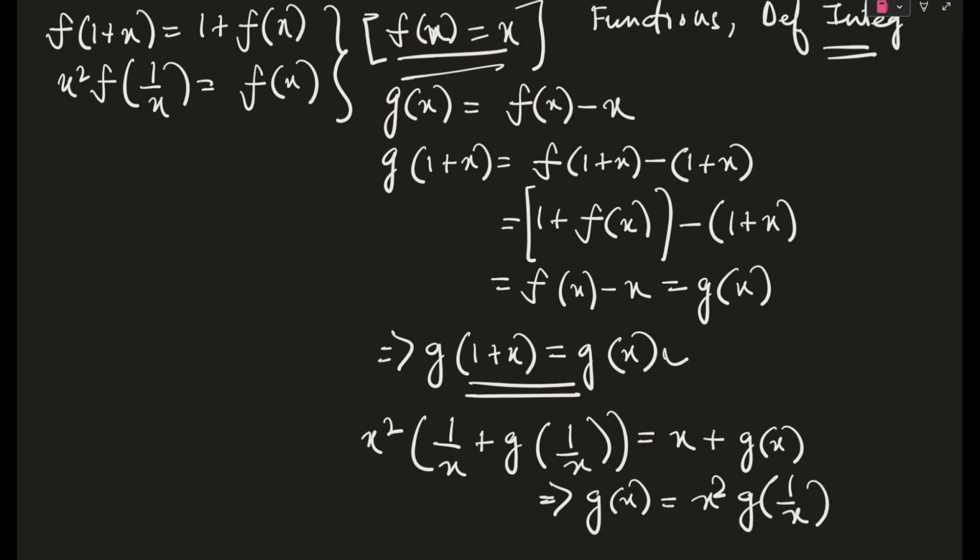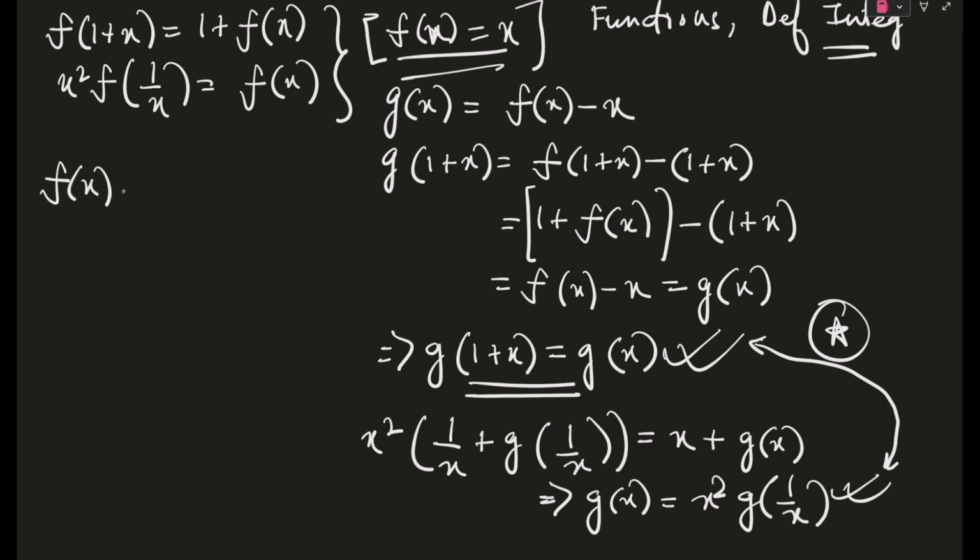So pertaining to this and this, I don't need to go into the explanation because things are pretty clearly visible. If you actually see these two equations, you will automatically understand that this proves our fact that f of x will be equal to x for all x belonging to real numbers.